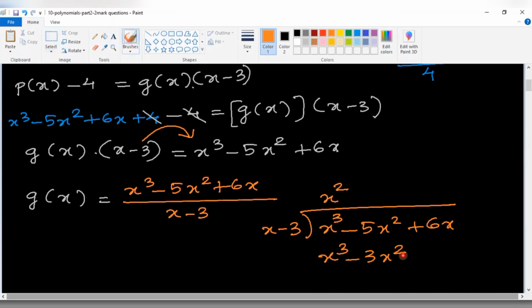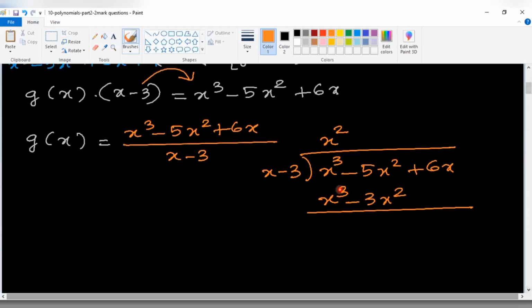Then as in normal division, we have to do subtraction in the second step. Subtract. So x cube and x cube will get cancelled. Then minus 5x square minus of minus 3x square. See, two negatives are coming together, so finally it is positive. So minus 5x square plus 3x square.